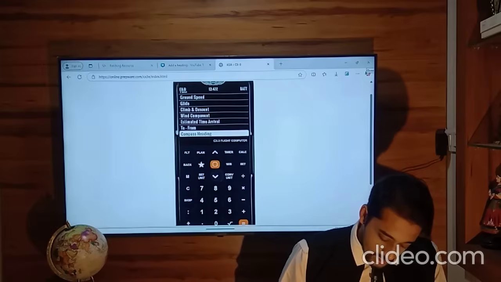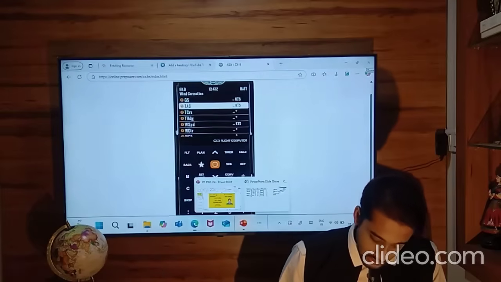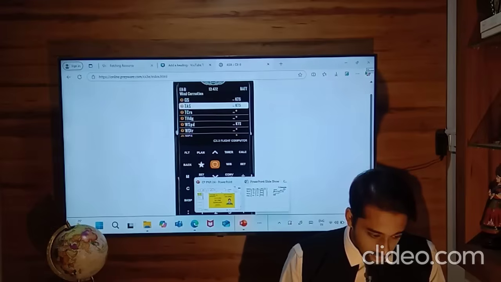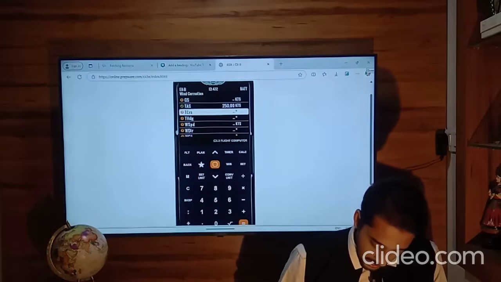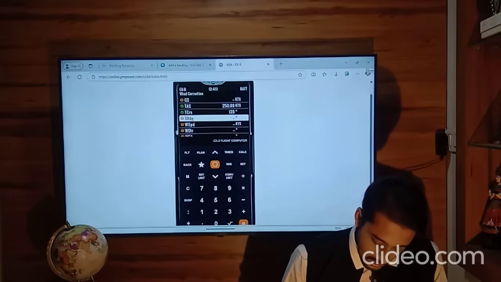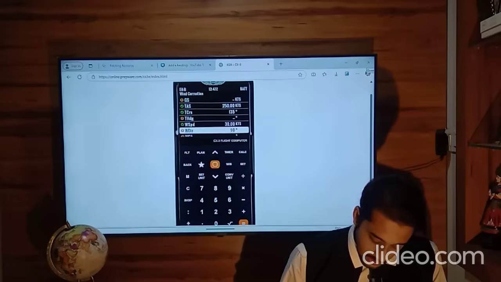Go to wind correction, and put the values. So first, let's start with the first. We have a TAS of 250, track of 135, wind of 30 knots at 090 degrees.